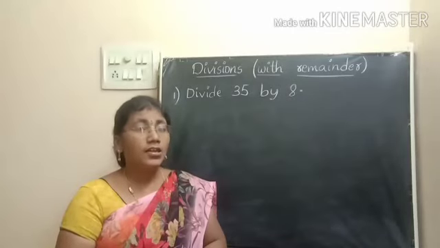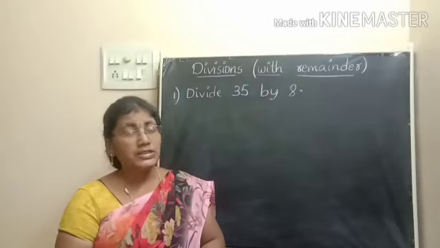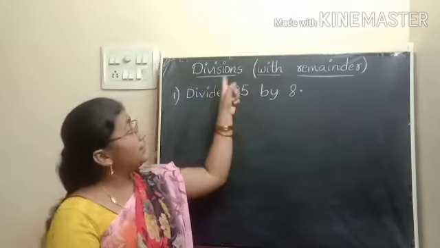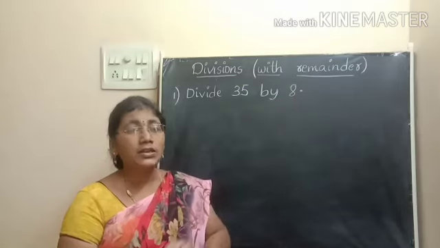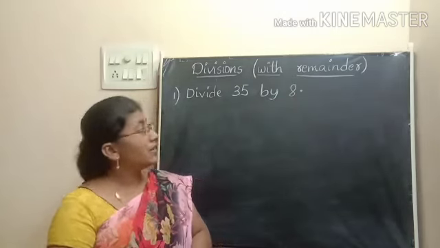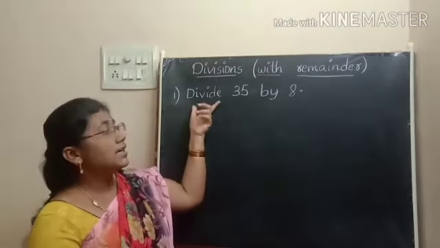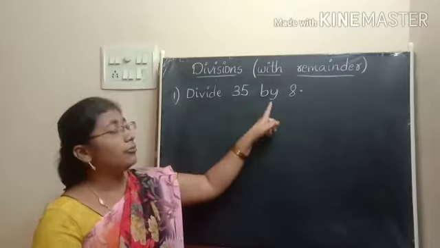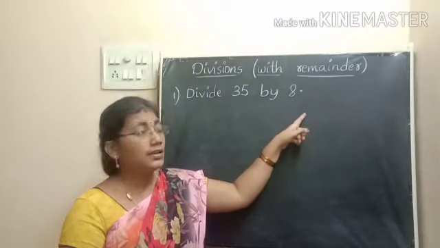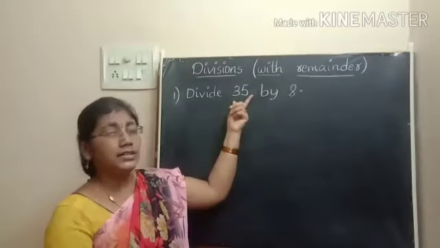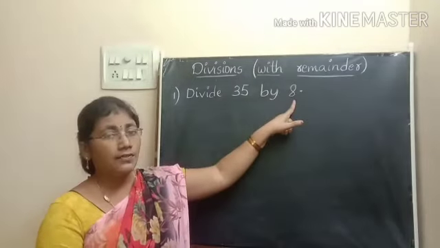Understood, children? We can use this formula to check our operation whether it is right or wrong. Children, now we are going to discuss divisions with remainder. The first example is divide 35 by 8. Here 35 is the dividend, 8 is the divisor.